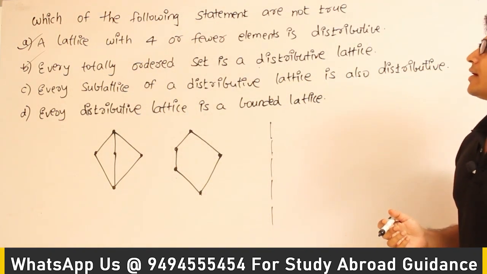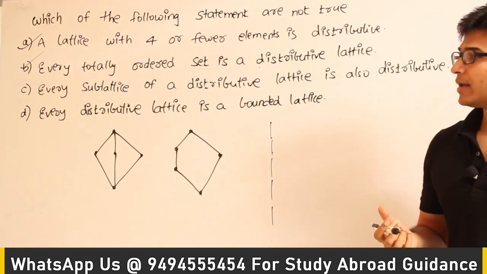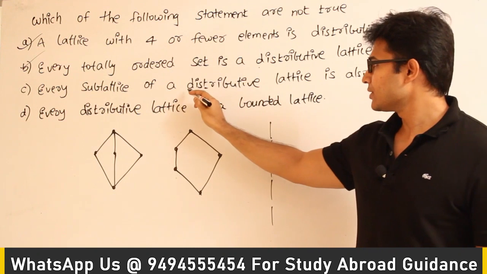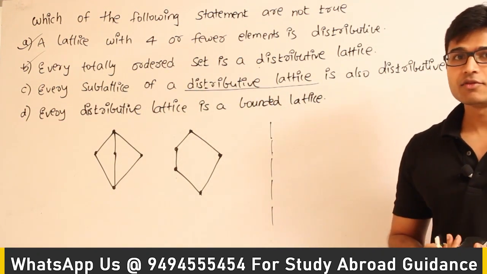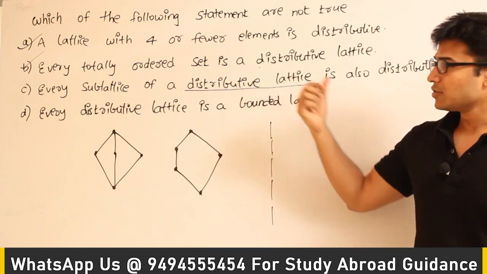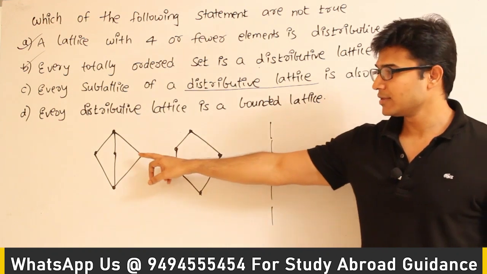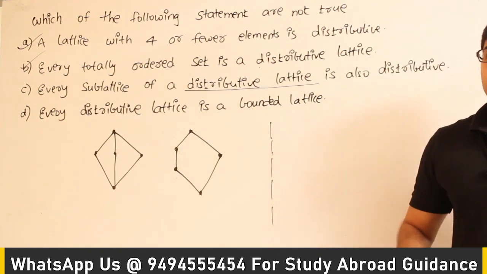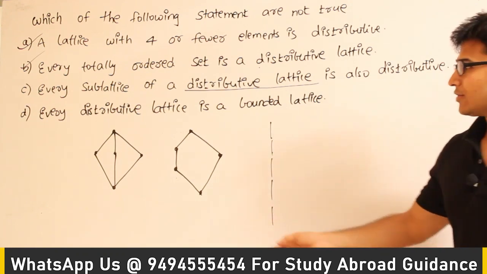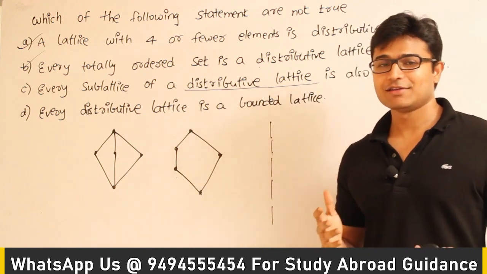Next one is, every sublattice of a distributive lattice is also distributive. Now observe this, they are already saying that it is a distributive lattice. If a distributive lattice is given, what can you say about it? In a distributive lattice, there will be no sublattice which is isomorphic to either this one or this one, right? Are you getting this point?